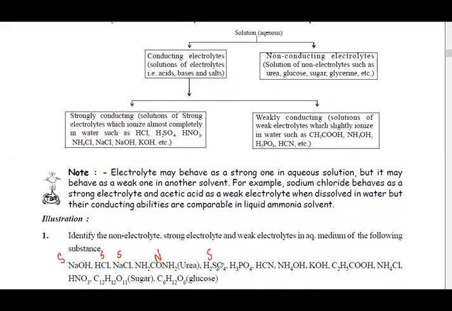Keep this in your mind. H3PO4 is a weak acid. In the same way, HCN is also a weak acid. So make a list now. I hope all of you got the idea.